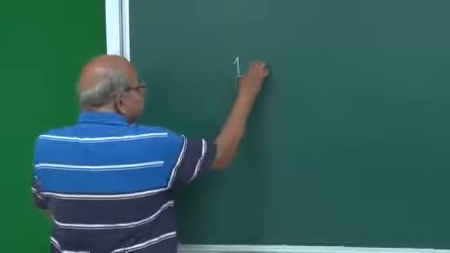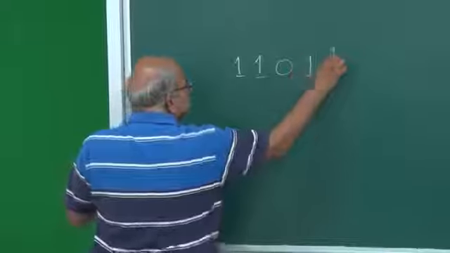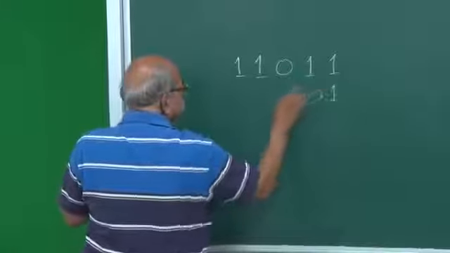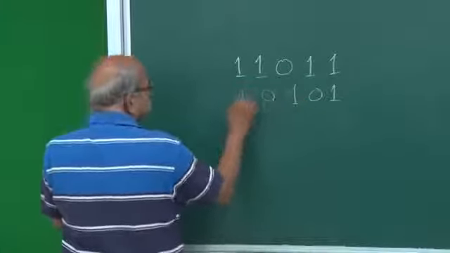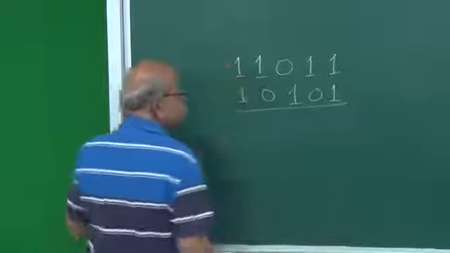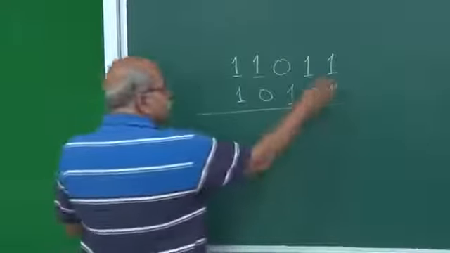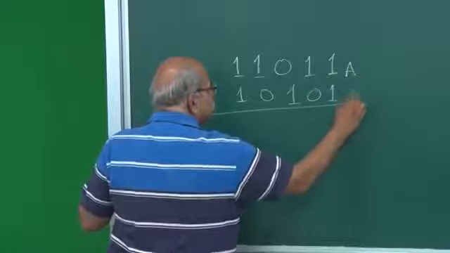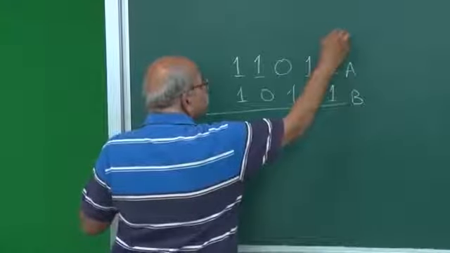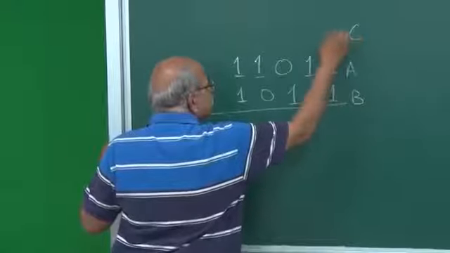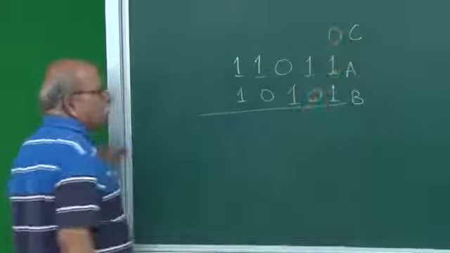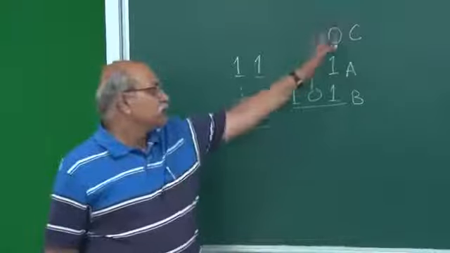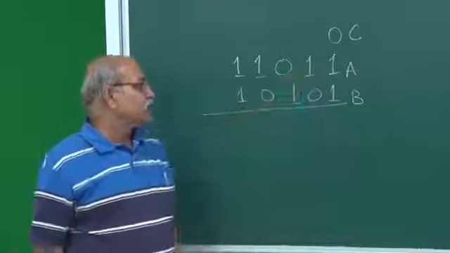So, let us say we have some number here, and we have to add. So, this is, let us call it A, let us call it B. And this is our carry. So, initial carry is always 0. Once you are in the rightmost position, initial carry is always 0.